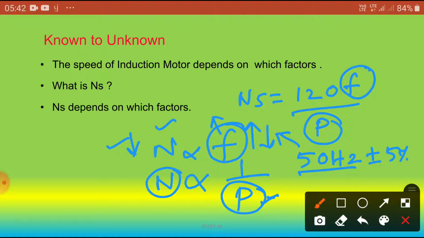That means by changing the number of winding coils connected in the stator, it is possible to change the number of poles, and then the speed can change. So these are the two direct factors. Now ns depends on frequency and number of poles; 120 is the constant.